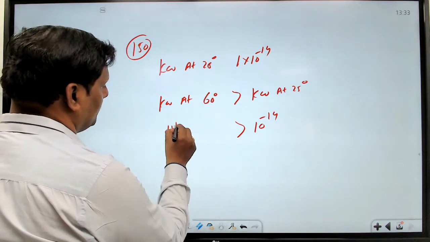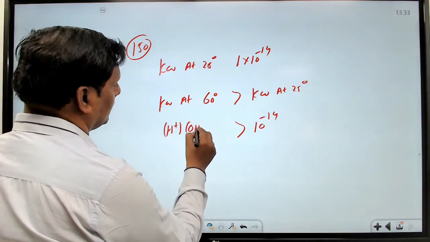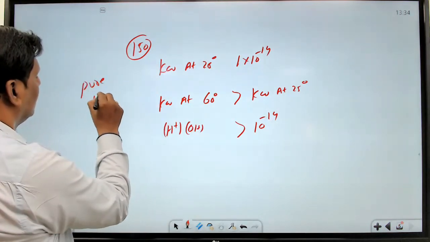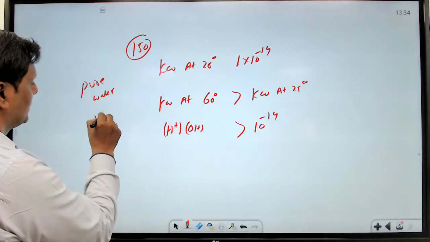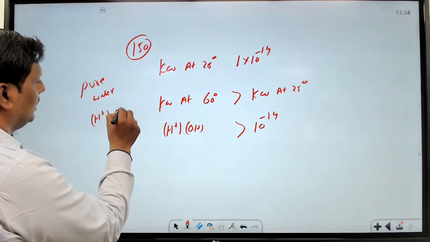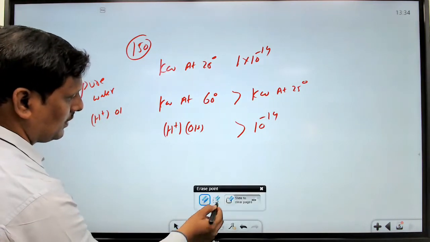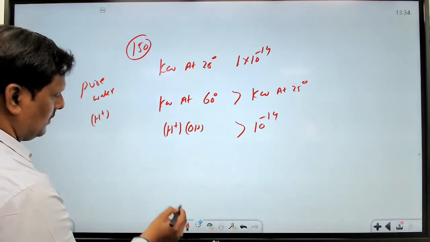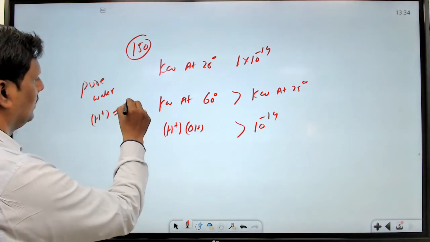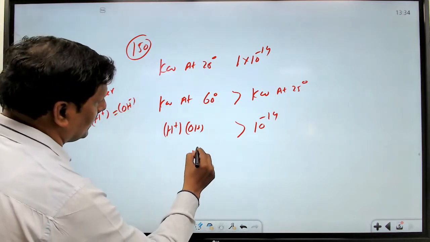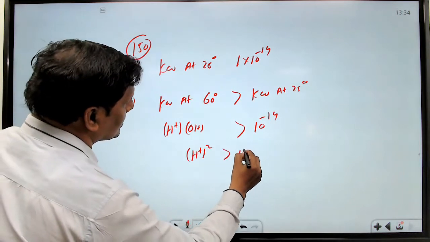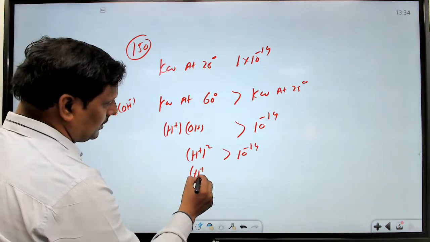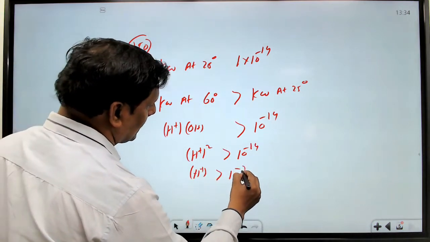That means H plus times OH minus is greater. For pure water, H plus and OH minus are equal. Then H plus squared is greater than 10 power minus 14, so H plus is greater than 10 power minus 7.